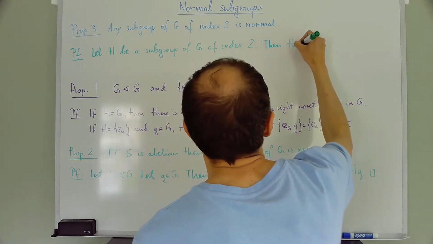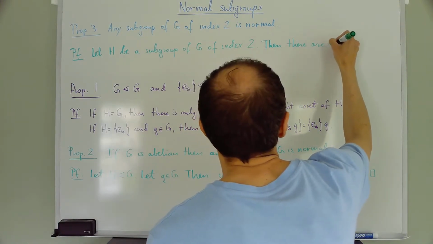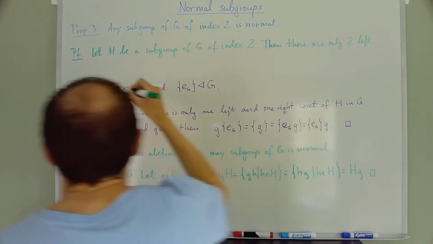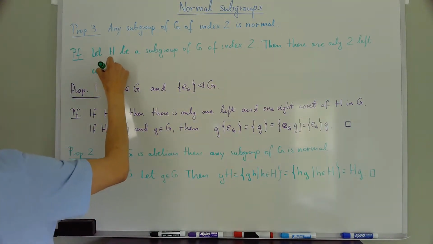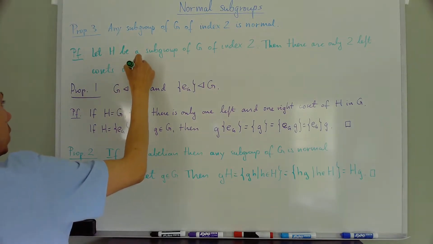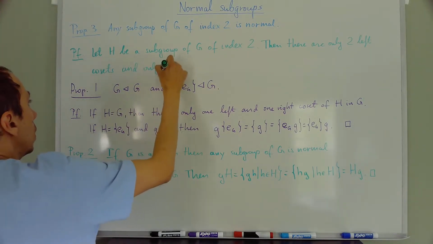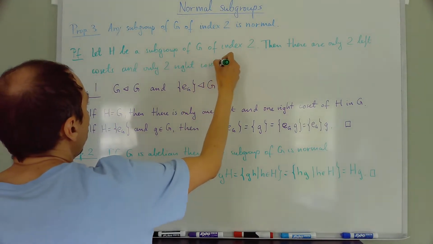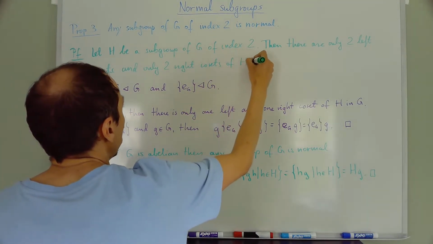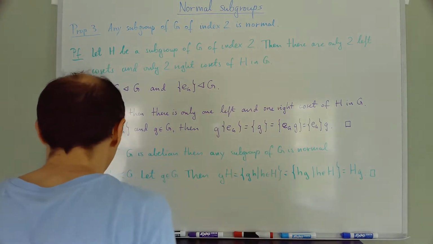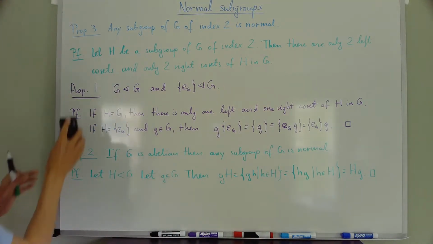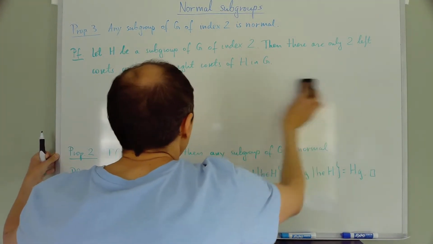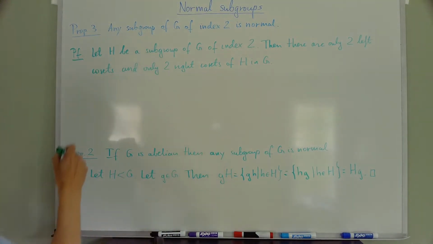Then there are only 2 left cosets and only 2 right cosets of H in G. But I can actually list what they are.